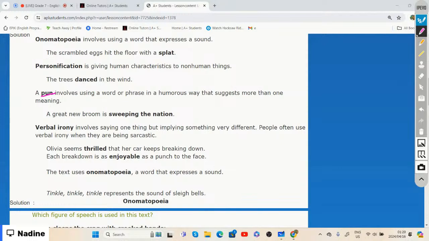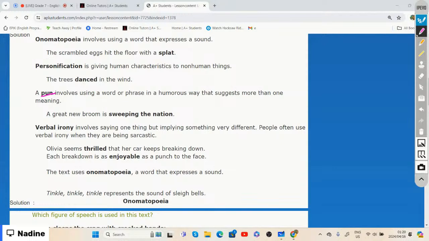So a pun involves using a word or phrase in a humorous way, right? It's like me saying something and I'm also laughing about it.